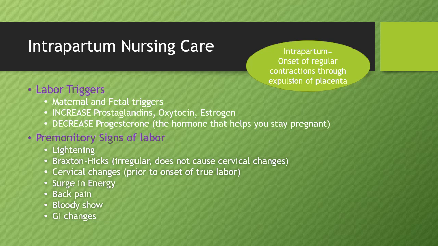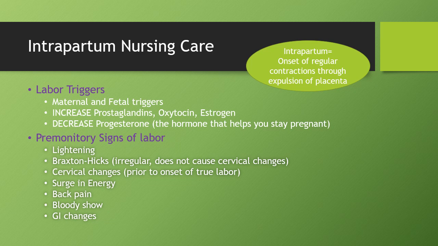Fetal factors that increase labor include placental age. As the placenta ages, it deteriorates and decreases the amount of hormones that it produces, which increases the responsiveness of the uterus to contractions. Prostaglandin synthesis by fetal membranes and the decidua also increases uterine contractions.